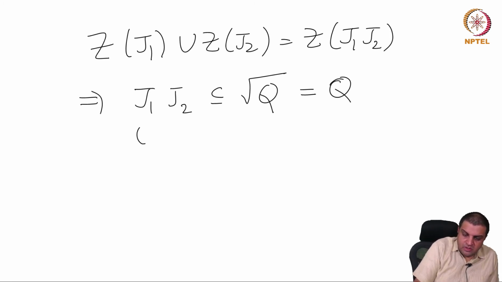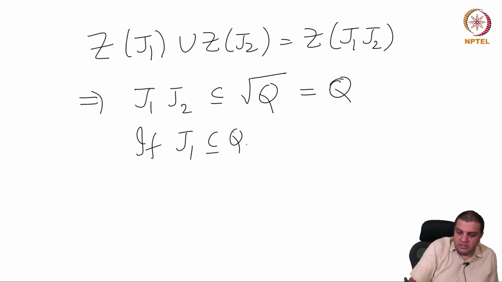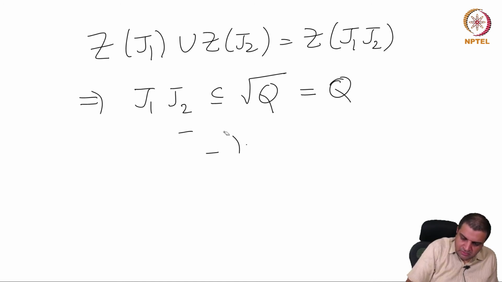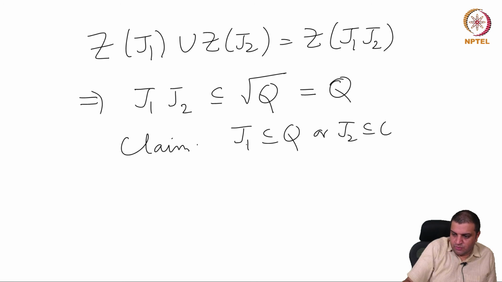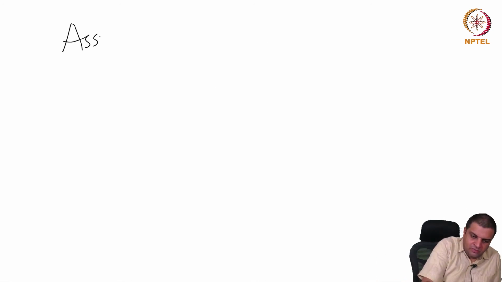If J1 is inside Q, then there is nothing to prove. So maybe let's write it out properly. We claim that J1 is inside Q or J2 is inside Q. Assume the claim for now, and we'll prove the claim in a minute.